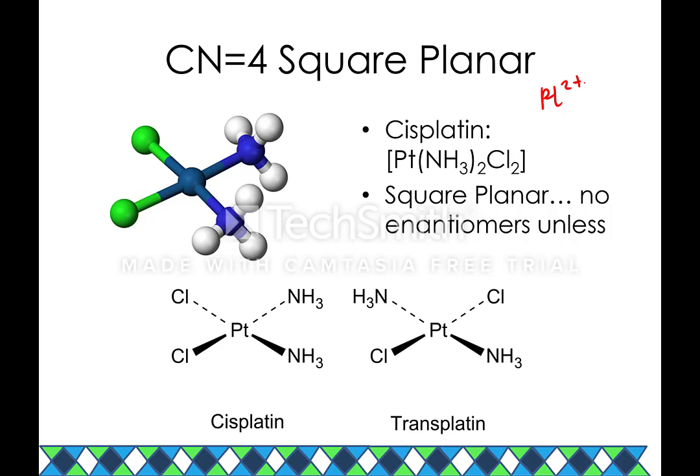If you have a square planar geometry and a formula that's MA2B2 with two different monodentate ligands, you will have two geometric isomers. You can have your cis or your trans geometric isomer.